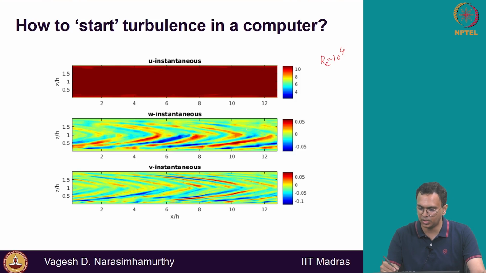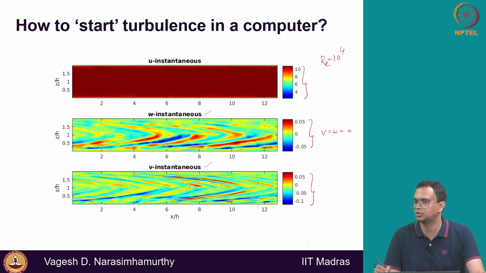Well, V and W look like turbulent, but look at the values here compared to this. It looks colorful, but it's practically 0. Your V and W instantaneous are so tiny.